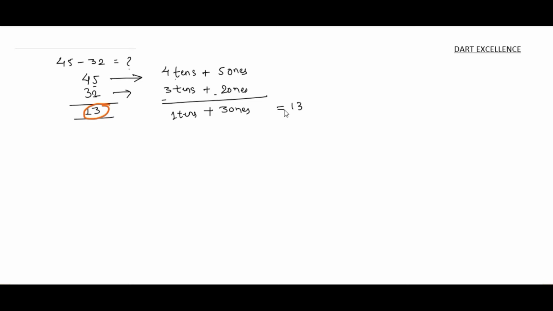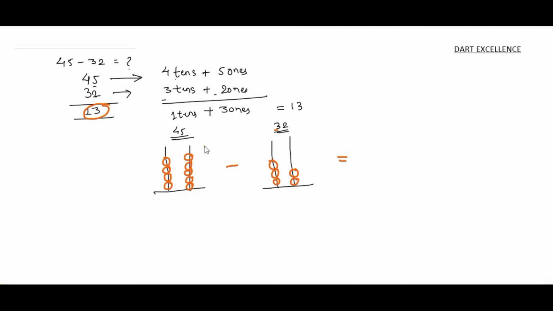Now let's see this question in abacus model. For number 45, in ones wire there will be 5 beads, and in tens wire there will be 4 beads, minus for 32 in ones wire there will be 2 beads, and in tens wire there will be 3 beads.